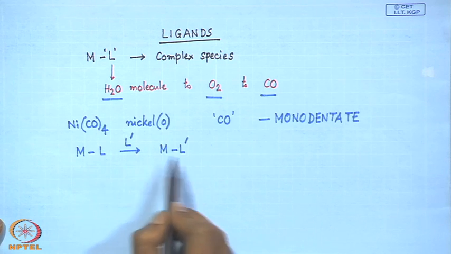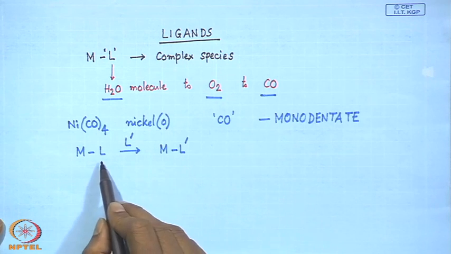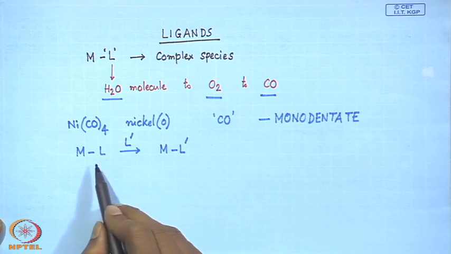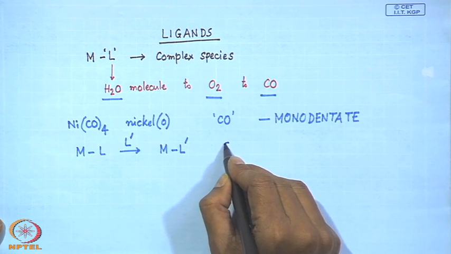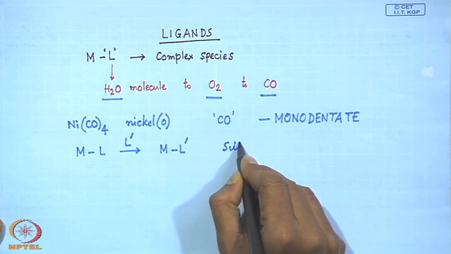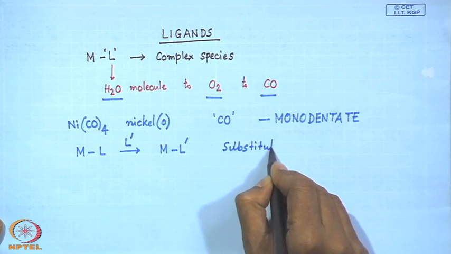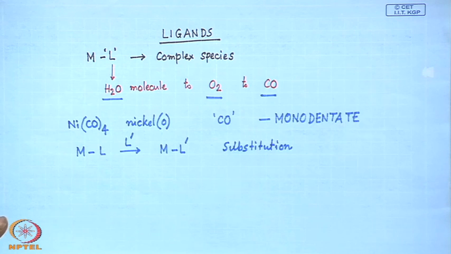In both these cases, the nature of the ligand, basically what type of ligand we have as L and L prime, will control the corresponding substitution reaction. So, the role of the ligand is important for this particular substitution reaction, and the rate of this substitution reaction is also very important.